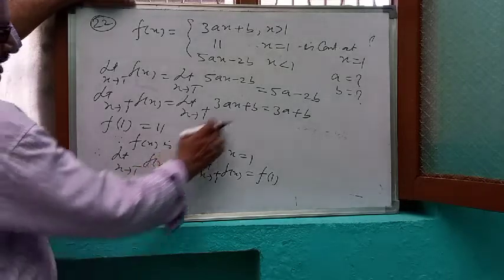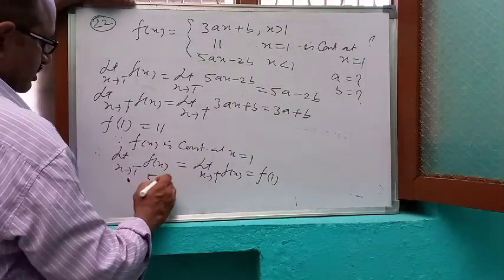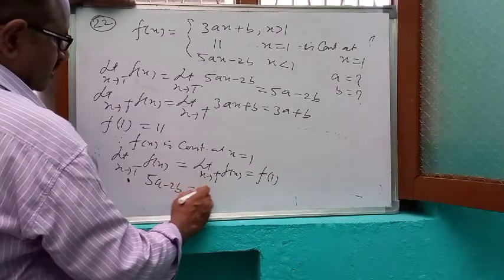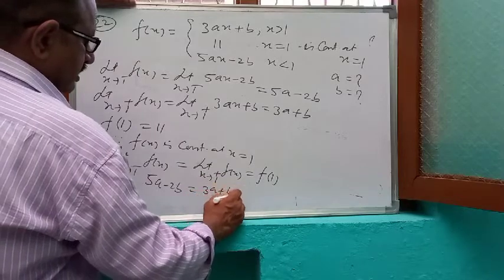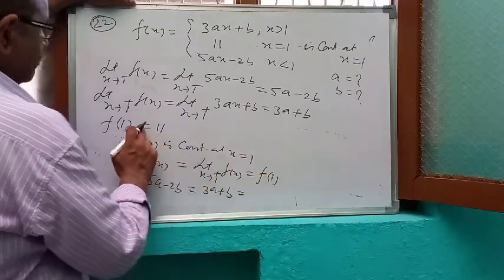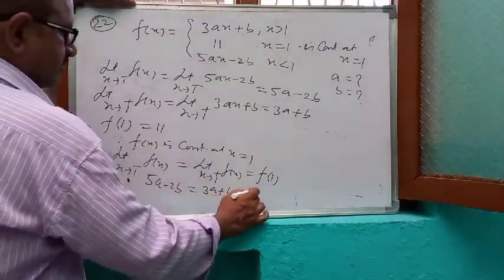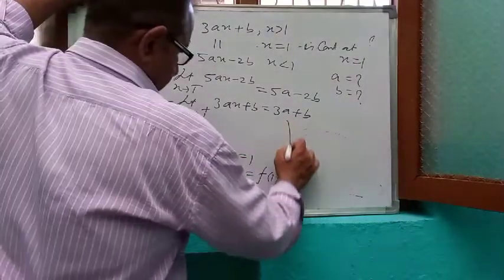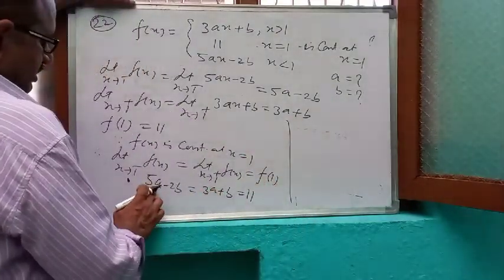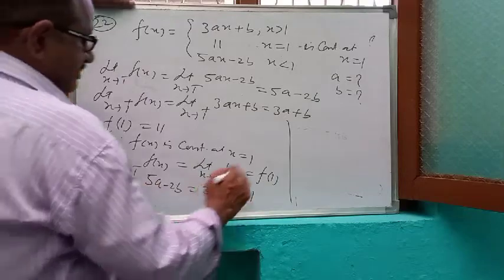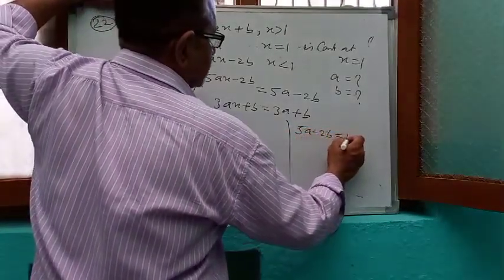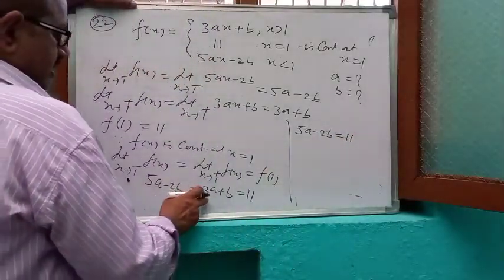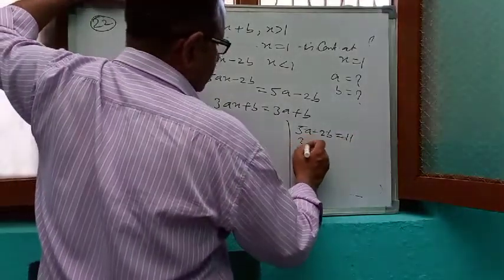The left hand limit is 5a minus 2b, the right hand limit is 3a plus b, and the value of the function f(1) is 11. So taking the first one and the last one, 5a minus 2b is equal to 11, and 3a plus b is equal to 11.